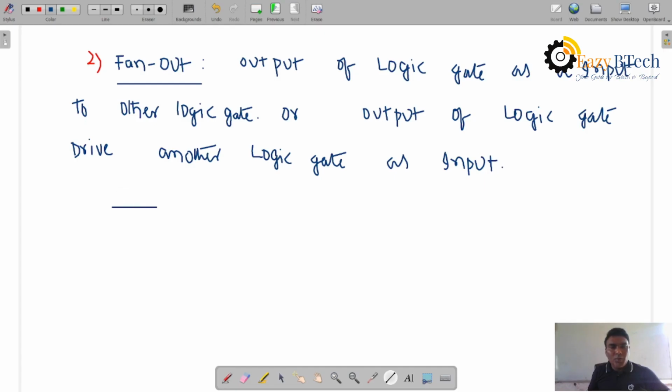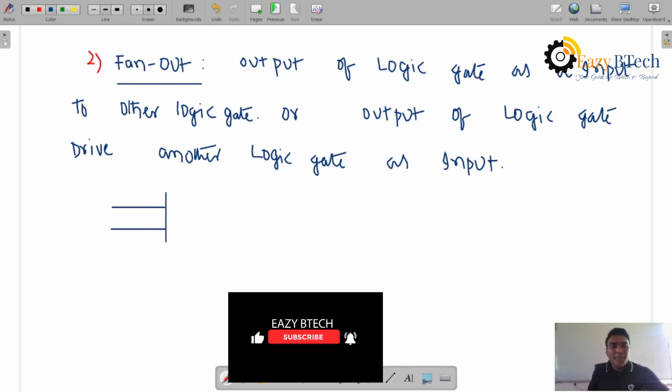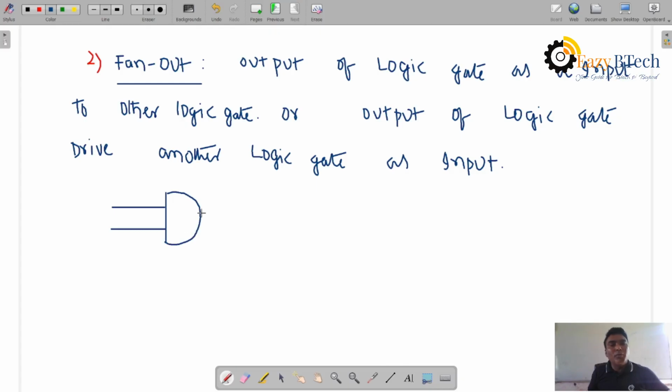We already know what fan in is: the number of inputs connected to the gate is called fan in. The fan out is the output of a logic gate as an input to many other logic gates.